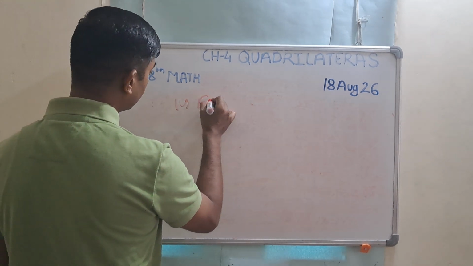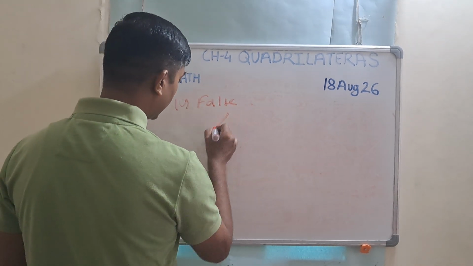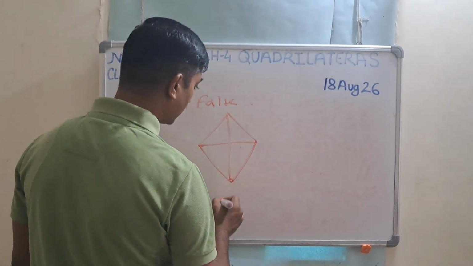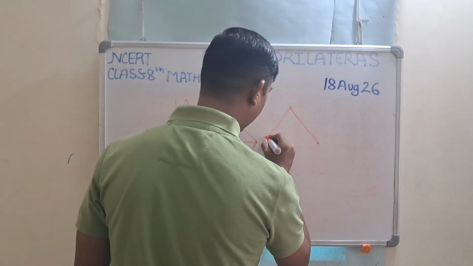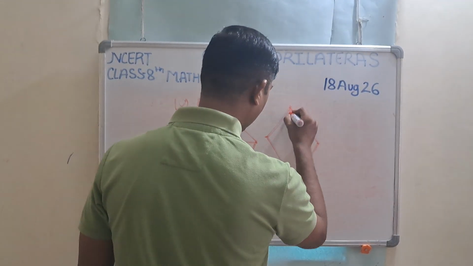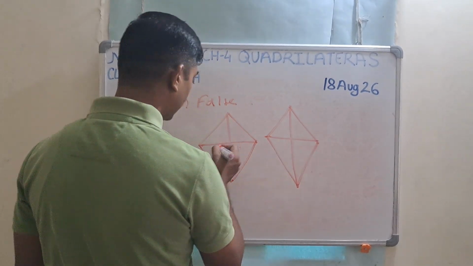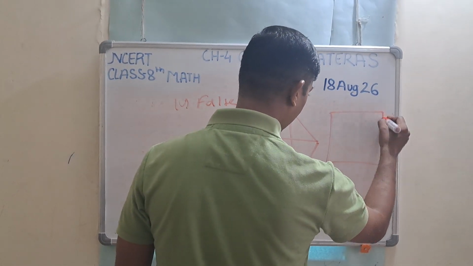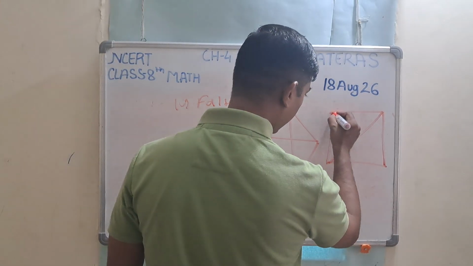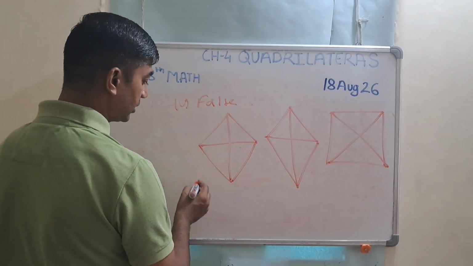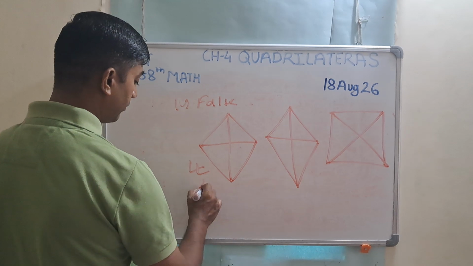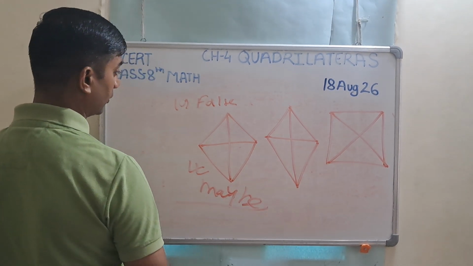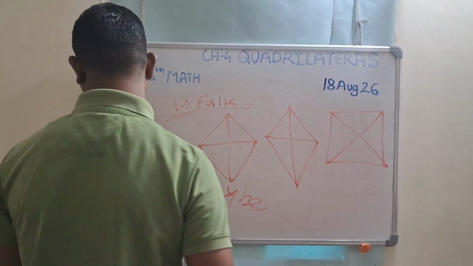The fourth one is false, because in case of rhombus and in case of kite, what we have seen, diagonals are perpendicular to each other, and in case of square also diagonals are perpendicular to each other. So must be a rhombus is wrong. It may be. Understood? It may be a rhombus, but must be is wrong. So 4 is wrong.